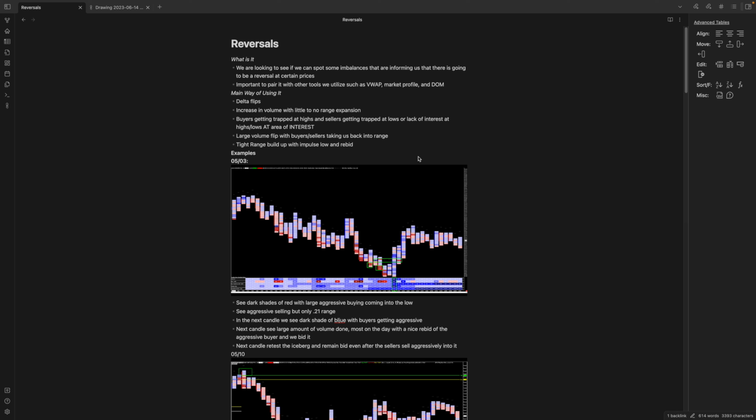Market profile can give us an idea where we're trading in terms of the larger picture. I use VWAP to tell if something is overbought or oversold. If you don't know what I'm talking about, you'll see it in the VWAP and footprint section. And the DOM is to see the way the price ladder is moving, and the way we're bidding or offering prices.